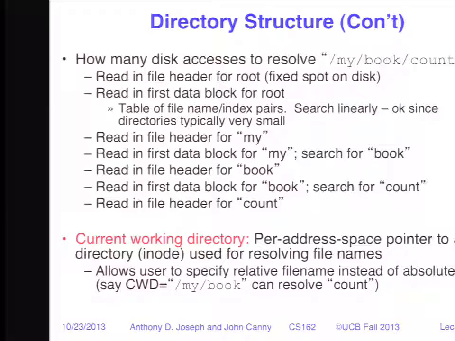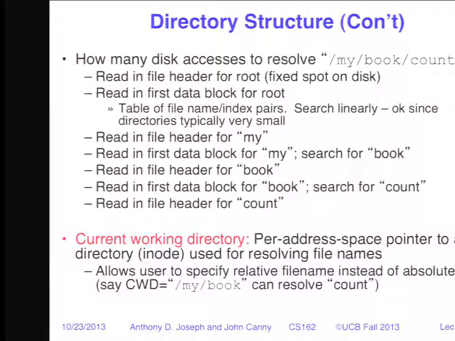Right. Now, if your system had to do this for every time you opened a file, it would be incredibly expensive and incredibly slow. So instead, what we do is we actually have effectively a per address space pointer, which is your current working directory. And this current working directory, basically, you've resolved. So if I'm in book, you've already loaded in the file header for book.